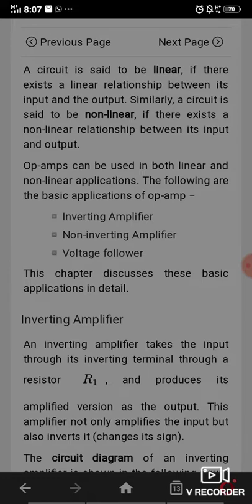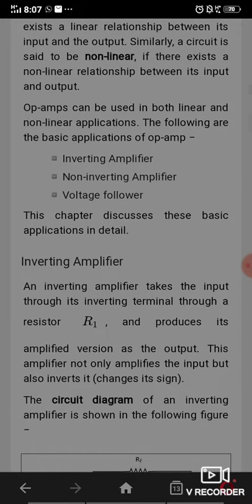Inverting amplifier. An inverting amplifier takes the input through its inverting terminal through a resistor R1 and produces its amplified version as the output.